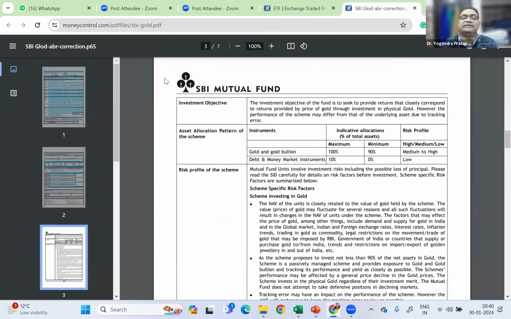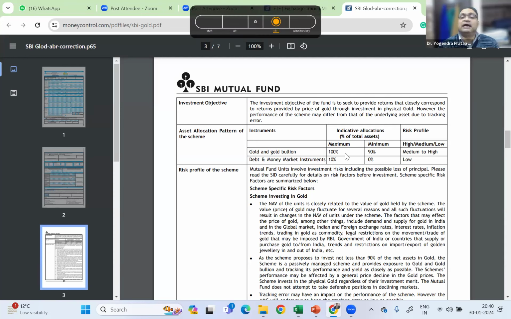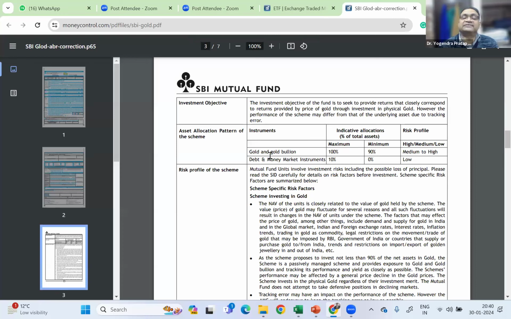Now here it is given, the asset allocation pattern of this scheme. When you purchase the gold ETF, 90% minimum and 100% maximum, your fund manager is bound to invest in gold and gold bullion, meaning physical gold.